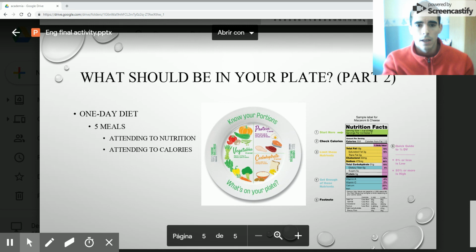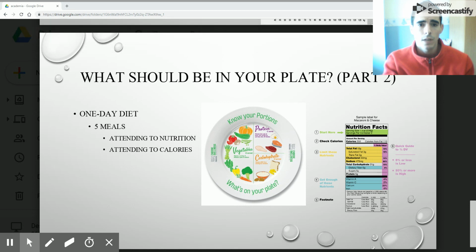As they have all seen in the unit, the best diet is that which contains all kinds of food in the right amount, because that way the nutrients can fulfill our biological needs properly.